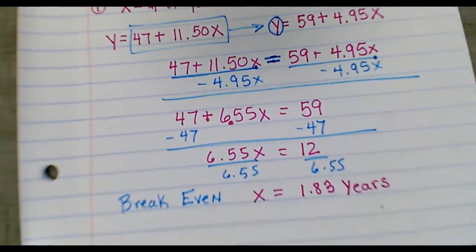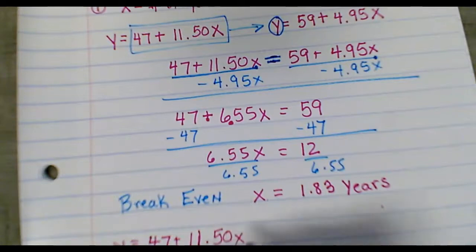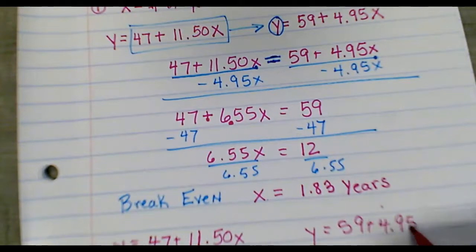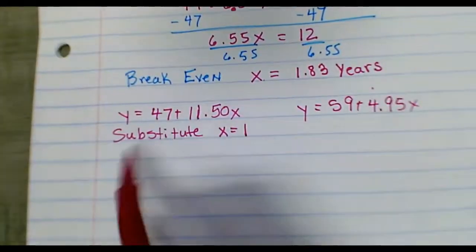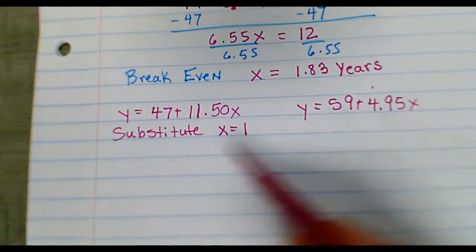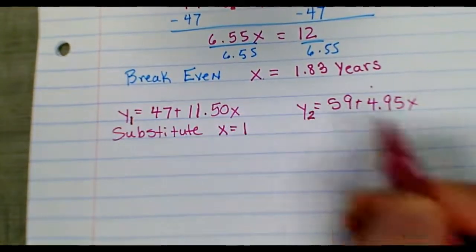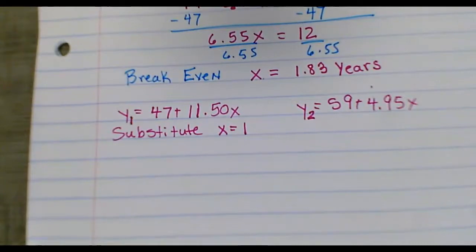So you're going to go back to the original two equations, and you are going to substitute in x equals 1, because that's less than the break-even point. You're going to substitute it into both equations and see whether camera 1 or camera 2 would be a better choice.